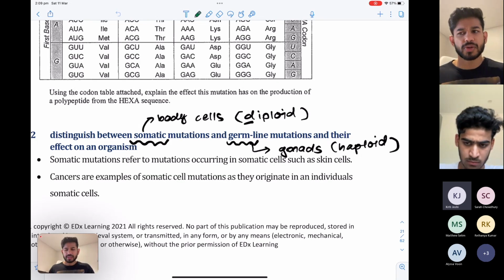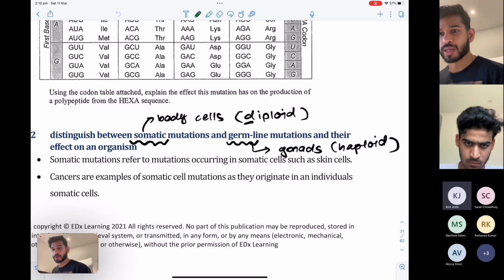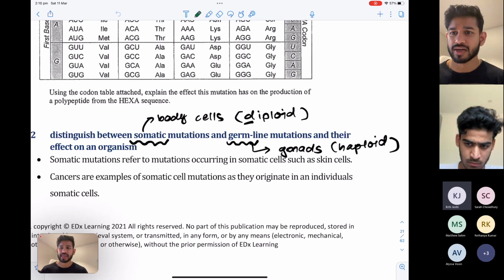Very good. So now let's talk about somatic mutations and germline mutations quickly. Sarah, actually I've already asked you, we'll go to Trissy. Are somatic mutations passed on? And are germline mutations passed on?